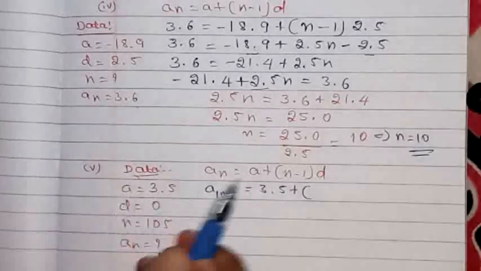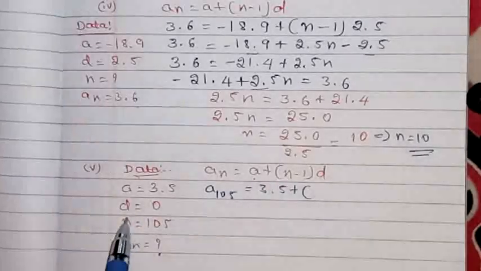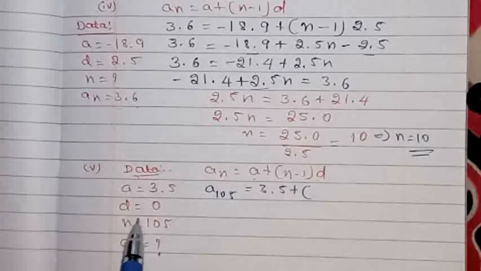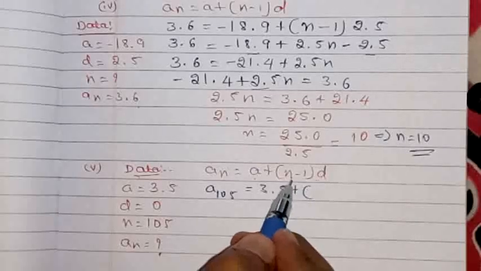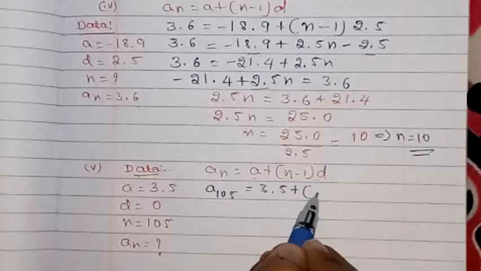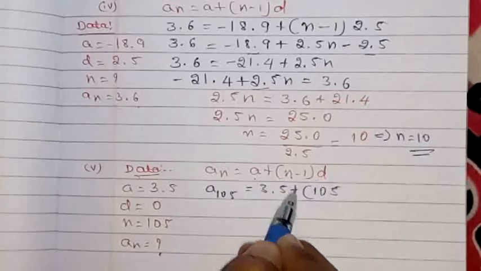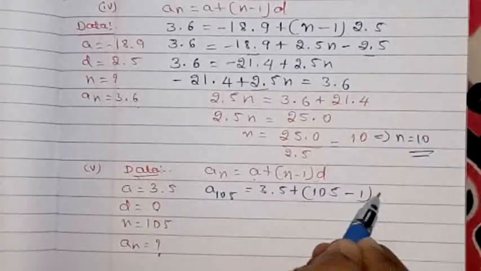Just as usual, in the place of a you need to apply a value, n you need to apply the n value, and in the place of d you need to apply the value of d, right? Now n is how much? 105. A value is 3.5 plus n is 105 minus 1 into d is 0.